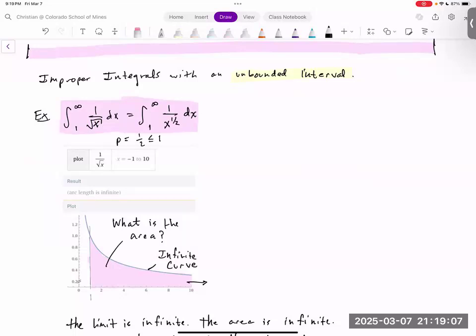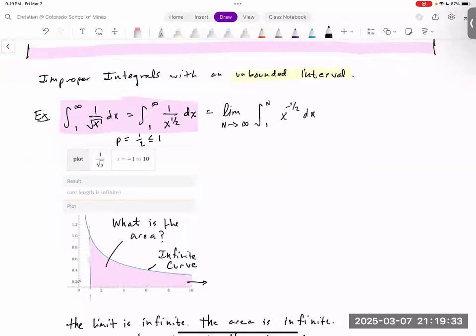So to set up a limit that handles these definite integrals, we're going to say limit as n goes to infinity, and then 1 to n. We are replacing infinity in the bound with the letter n and letting n go to infinity. Then we have x to the -1/2 dx.